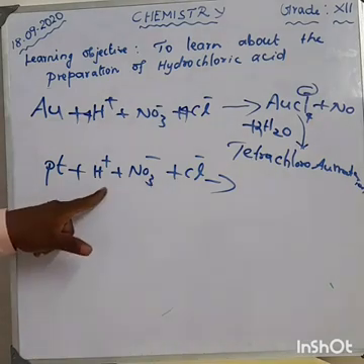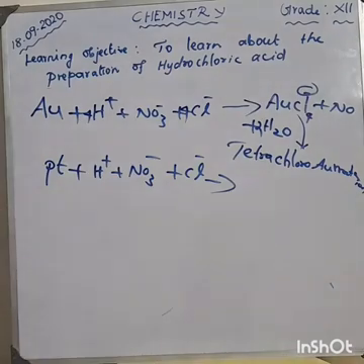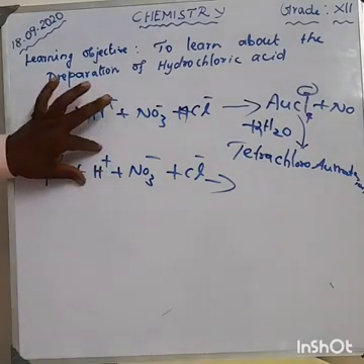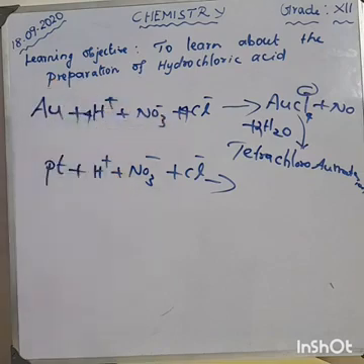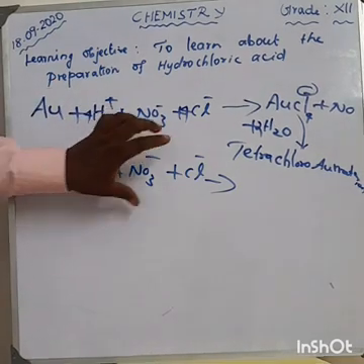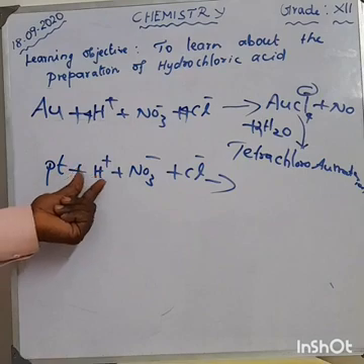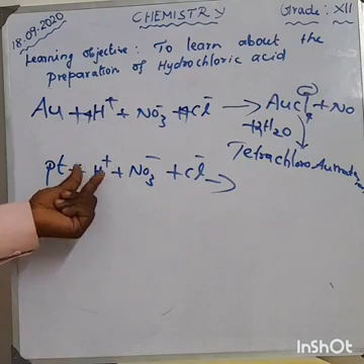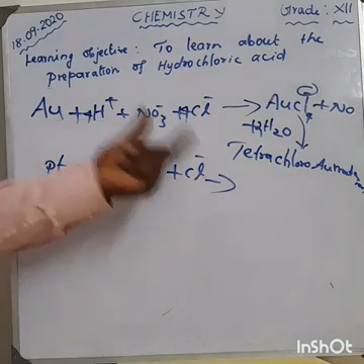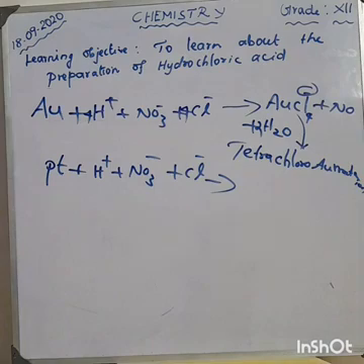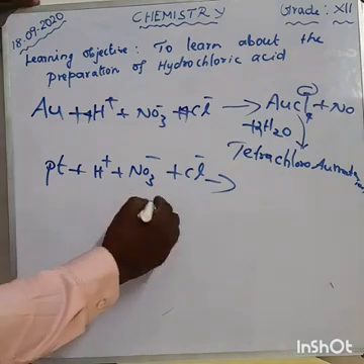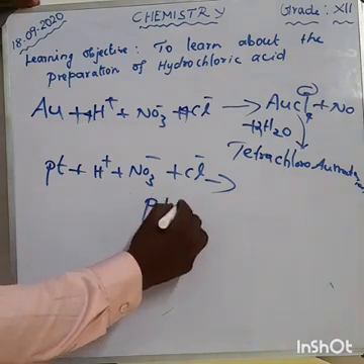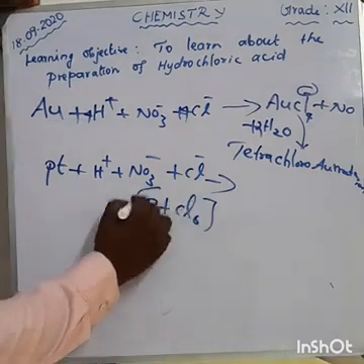Hydrogen is taken as common for each acid, nitric acid and hydrochloric acid. So hydrogen, nitrate, and also Cl minus ion. What's the product? PtCl6 2 minus ion.